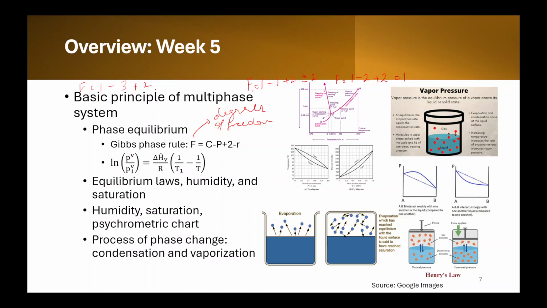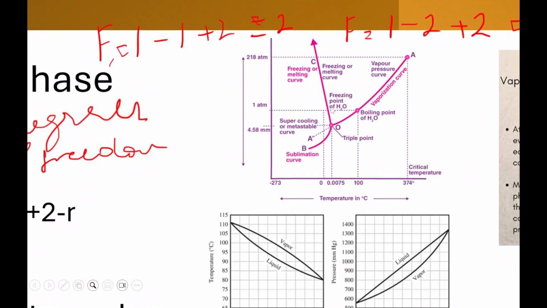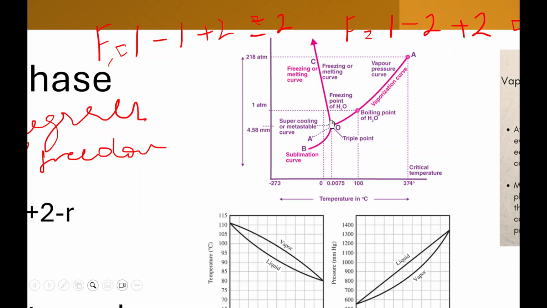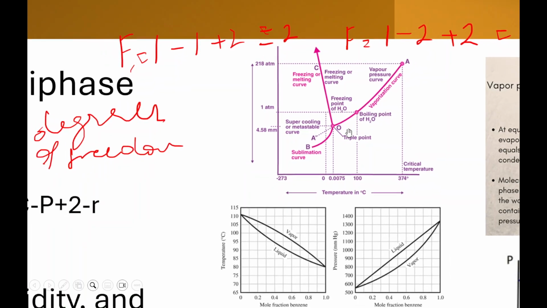So 1 minus 3 plus 2 is 0. This triple point exists at only one temperature and pressure. There are no degrees of freedom here as such. If you increase the temperature and pressure, you will lose your triple point.